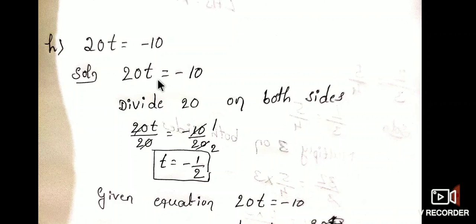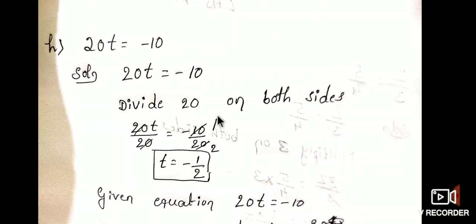So we should divide, and then it will be cancelled. So divide 20 on both sides. That is 20 divided by 20 into t is equal to minus 10 divided by 20. This 20 gets cancelled. Here there will be t only.